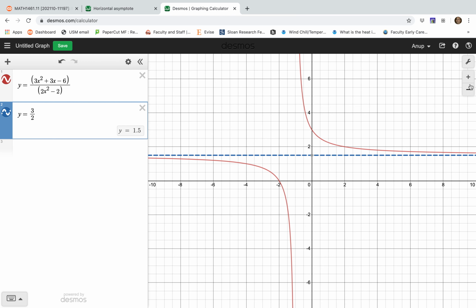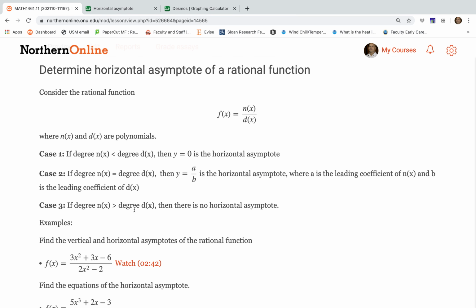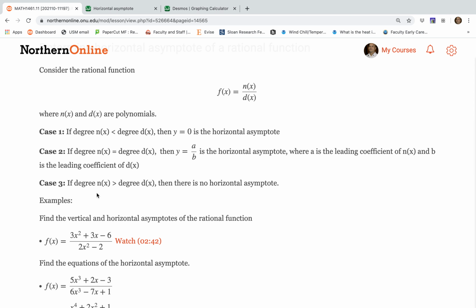That's exactly what we are seeing on the graph. All right, the third case is if the degree of the numerator is greater than the degree of the denominator, then there will be no horizontal asymptote.